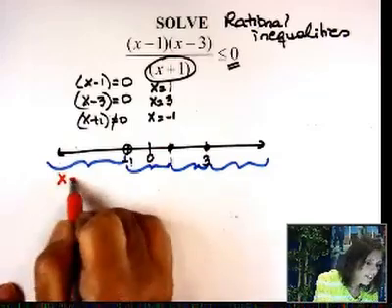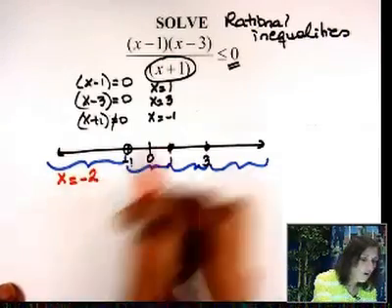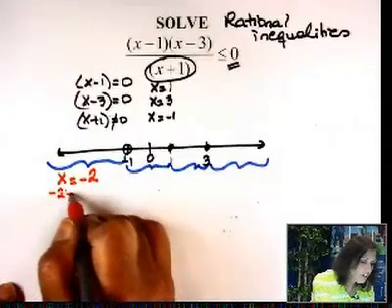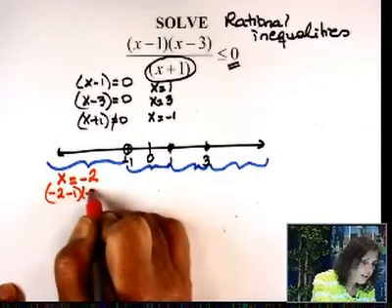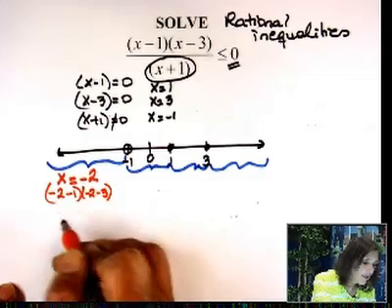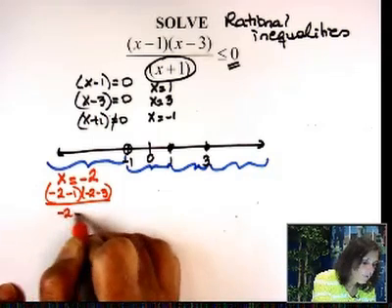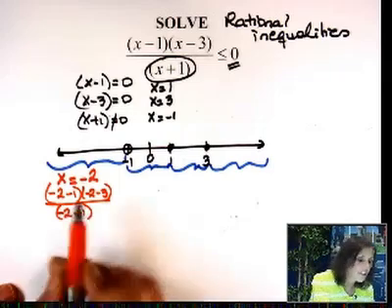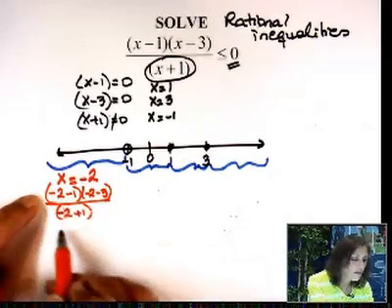Let's say I write x equals negative 2 in this region. I put it in: negative 2 minus 1, negative 2 minus 3, divided by negative 2 plus 1. What does that give me? I don't have to calculate it. All I need to look at is the signs.